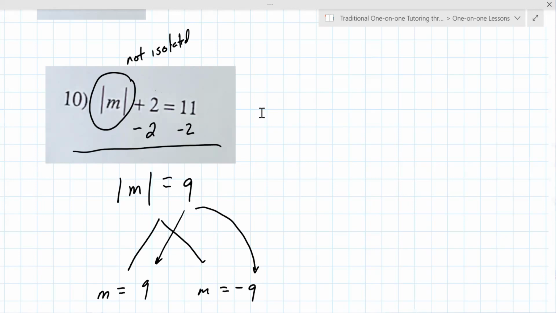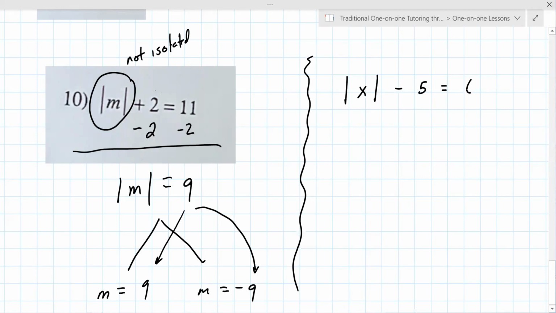Okay, do you think that you've got this down for this one? Yep, I got it down. Okay, so let's just say I asked you to do the absolute value of x minus 5 equals 6. Is the absolute value isolated?